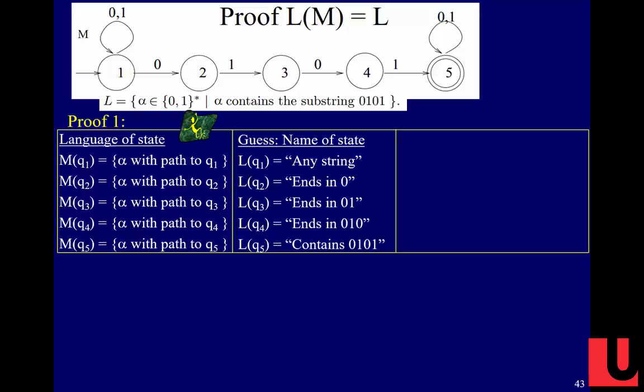So we can have a state, the first state, where any string can arrive. In the second state, it's got to end in a 0, because if your last character was a 1, well, you didn't arrive there. And then the next one, it ends in a 0 and a 1. Everybody following that?